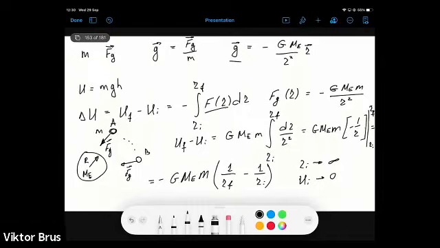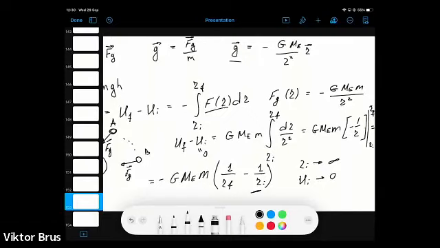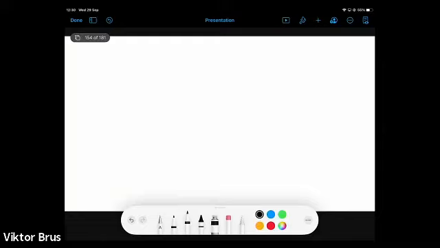So in this case, with r initial in the denominator approaching infinity and initial energy approaching zero, we can write the final expression for the potential energy of gravitational field.